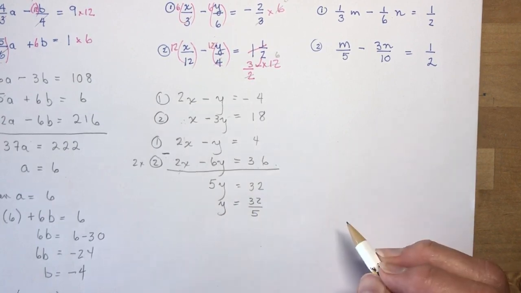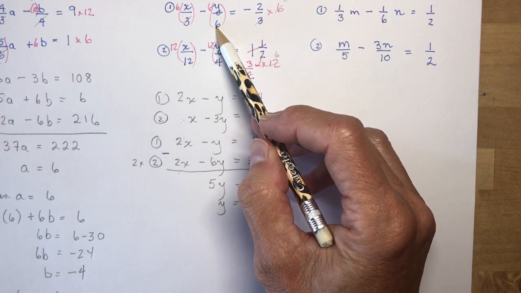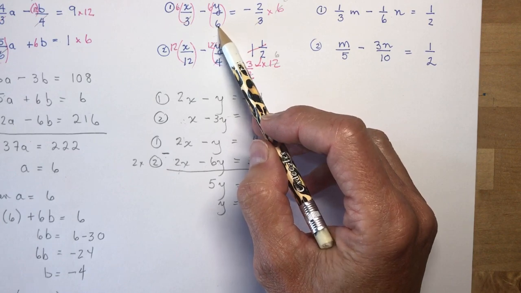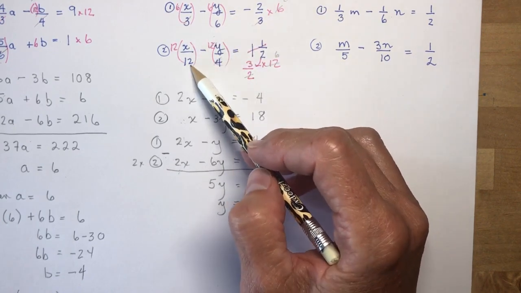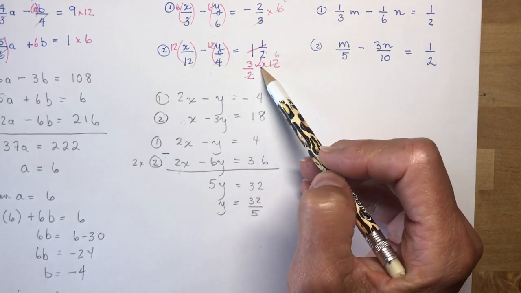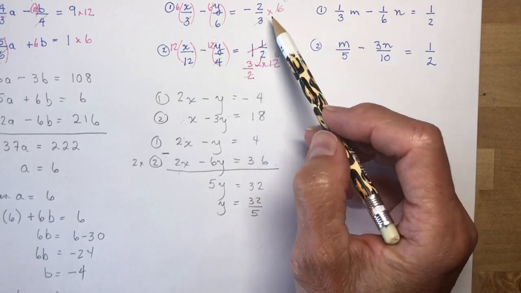But it was supposed to work out nicer. Let me just see if I copied the question down wrong. X over 3. Oh, it's supposed to be minus y over 2. Oh, x over 3 minus y over 6 equals minus 2/3. X over 12 minus y over 4 is 1 1/2. That's 3 halves. Do you see a mistake? Oh, I hate it when this happens.